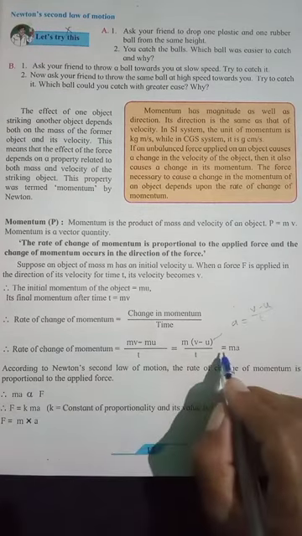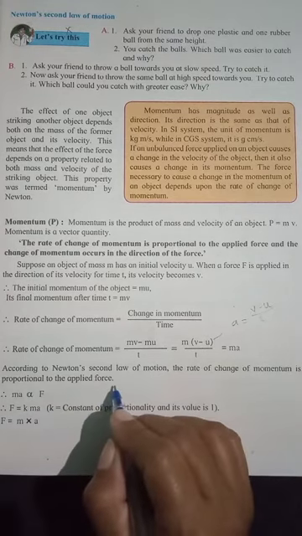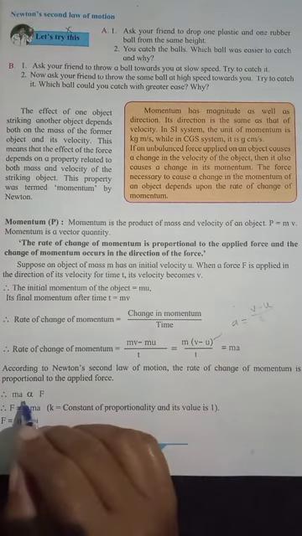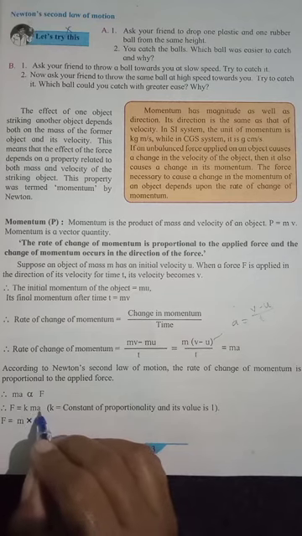According to Newton's second law of motion, the rate of change of momentum is proportional to the applied force. Therefore, ma is directly proportional to the force F. Therefore, F is equal to K ma, where K is the constant of proportionality and its value is 1.